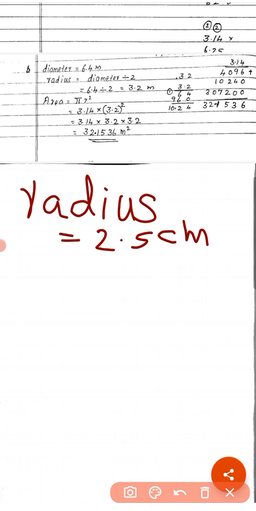Children, we are using the formula area is equal to pi r squared. R squared means R into R, not 2R.